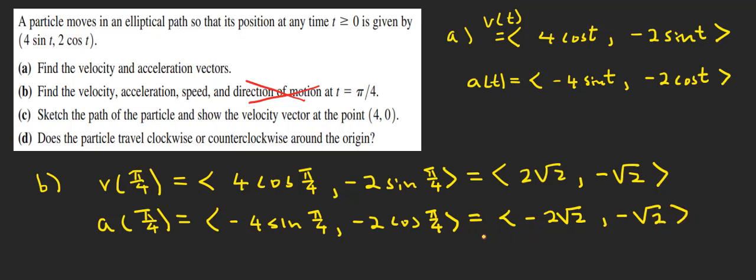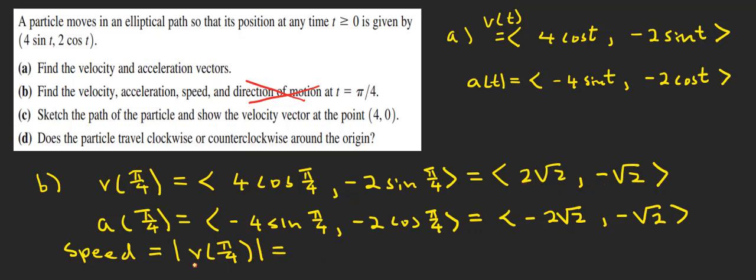Now, how do you find the speed? Speed is the absolute value of velocity. So it's going to be the absolute value of velocity at pi over 4. And the velocity at pi over 4 is 2 radical 2, comma, negative radical 2.